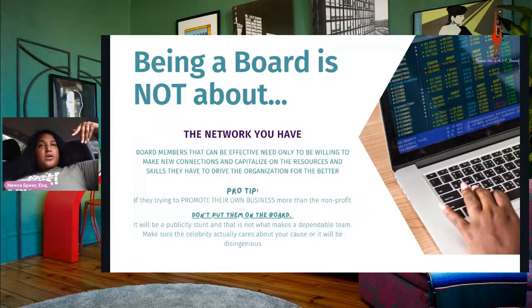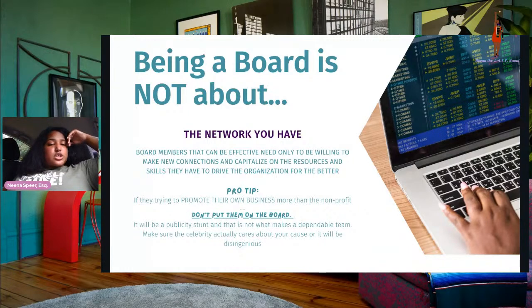Your network is the ability to make connections. Okay, it's not the people you know, it's who you can get to know, who you can get in front of. You are skilled. Okay, you can do great things. But most people, what they're trying to do, if they don't have a network, they're trying to promote their own business.